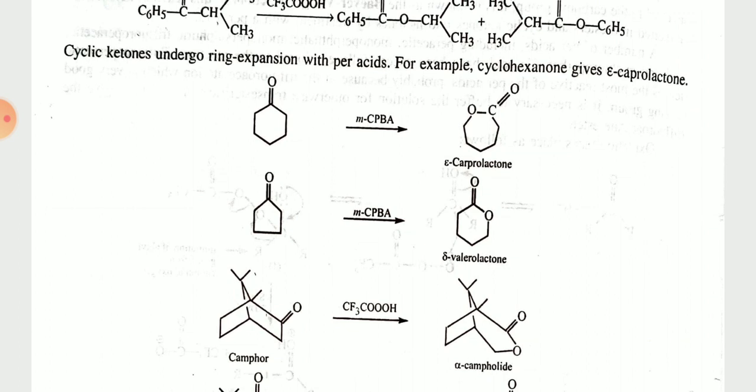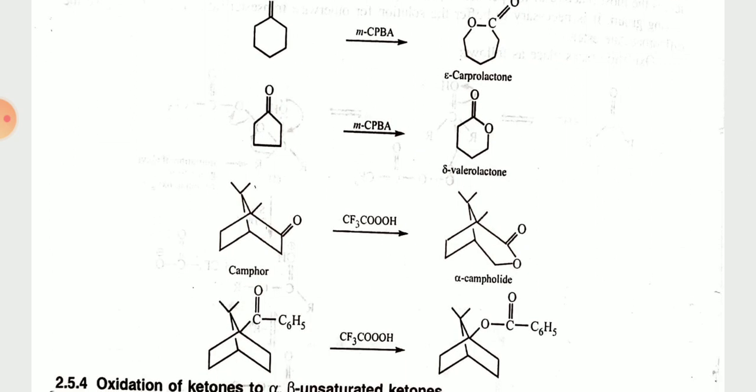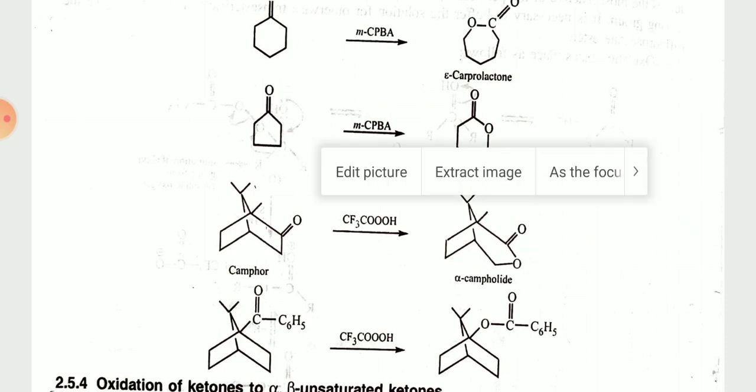It is also in presence of MCPBA. Okay, MCPBA is an oxidizing agent. Okay, now the five-member ring of ketone converts into the 6-member ring. Okay, you can see in all examples. So this is the oxidation of cyclic ketones.